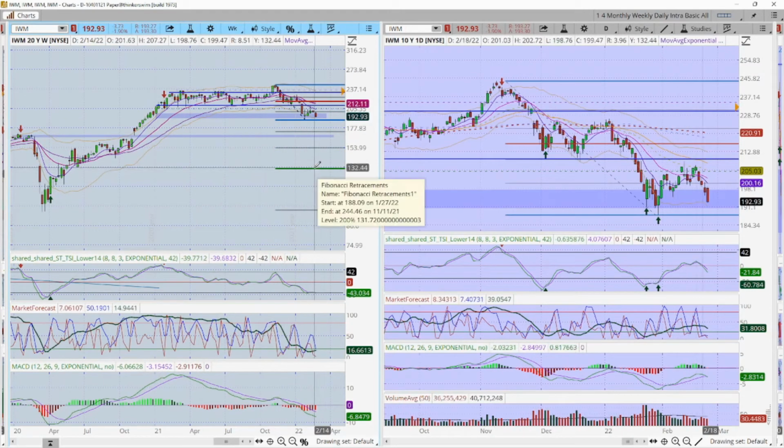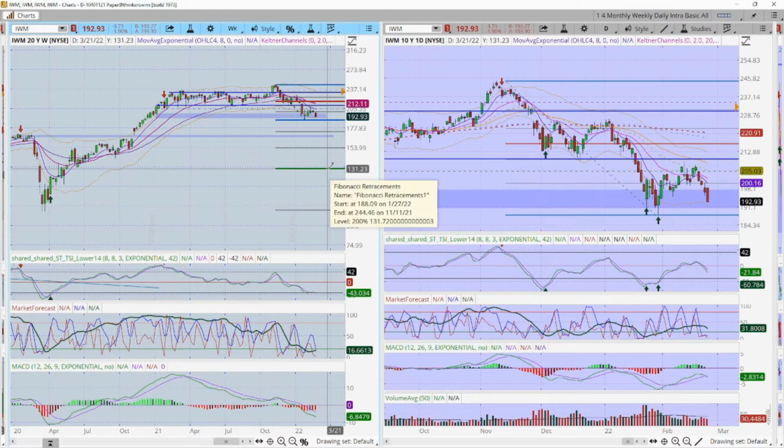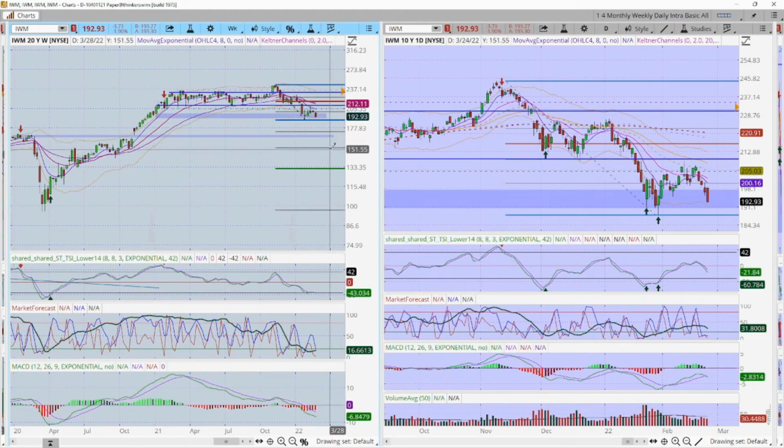The 100% line would be right there. So that would be down at 131. I mean, it's hard to imagine the Russell or the IWM falling that far, but it does have some good support there, about the 154, and also just below the 1272 at 172, that level right there.